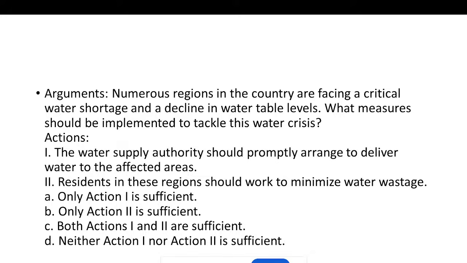Yes, this would be the proper action because to tackle the water crisis, water supply should be increased to the affected areas. First one is okay. And second one, residents in the region should work to minimize water wastage. Yes, this is also a proper thing because not only supplying but people also should get educated to save water. Both arguments are strong.